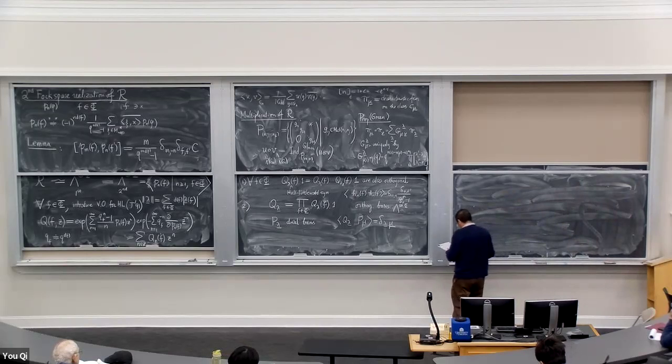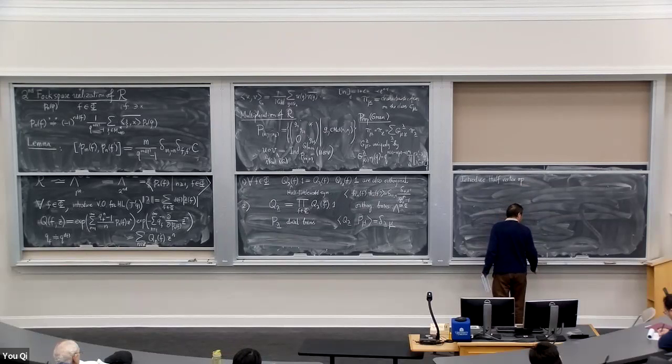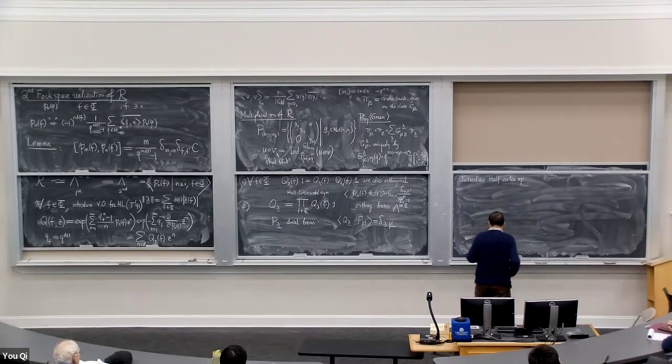To do that, we introduce a half vertex operator, E F, where F again is the orbit.